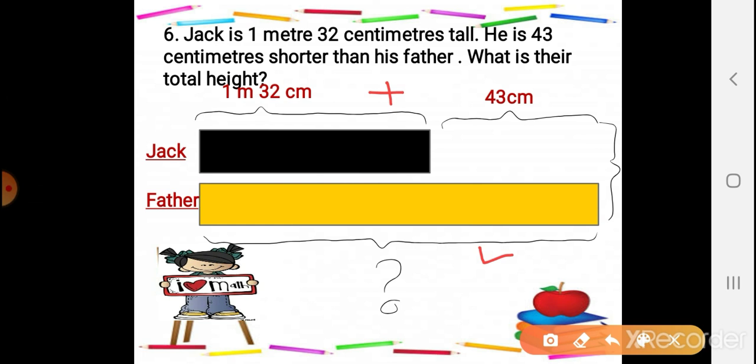The second is what is their total height. Then we have to add Jack's height to Jack's father's height. So that is our second step.